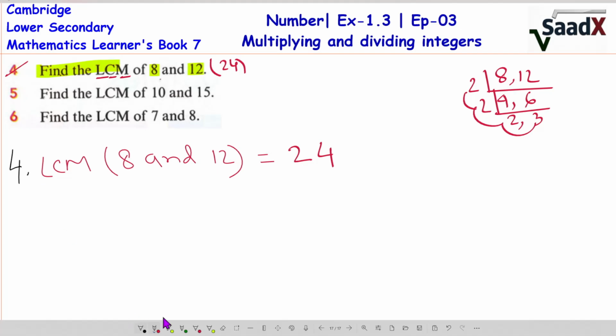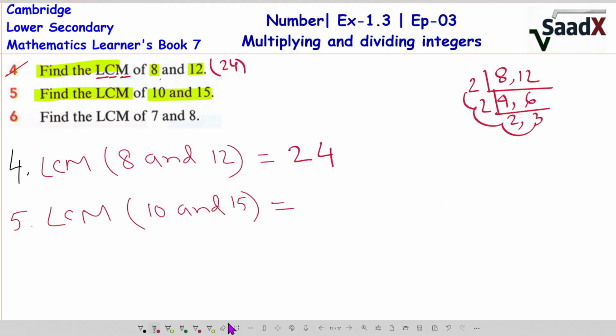Number 4 done. Number 5. Find the LCM of 10 and 15. So similar thing. LCM of 10 and 15, what?